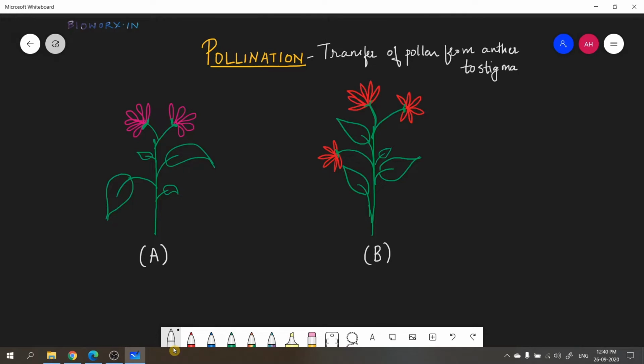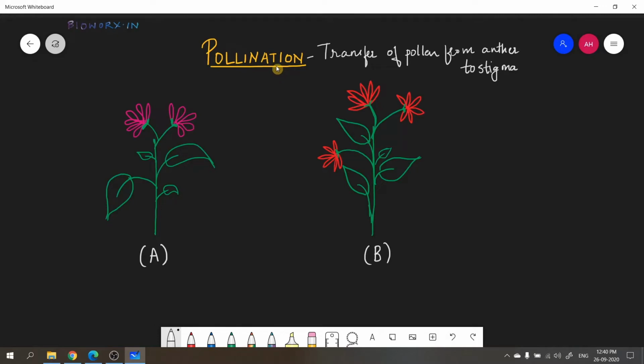Anther is the part of the stamen, the male part of the flower, and stigma is the part of pistil, which is the female part. So, during pollination, the pollen grains are transferred from the male to the female part, and you can say pollination is a prerequisite for fertilization because without pollination, fertilization cannot take place.